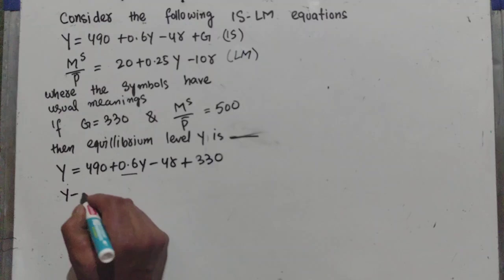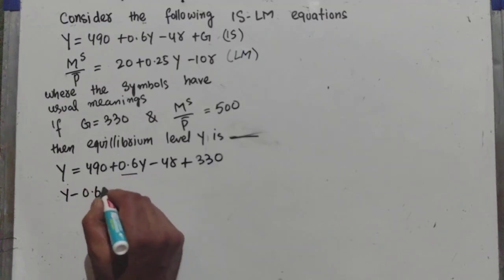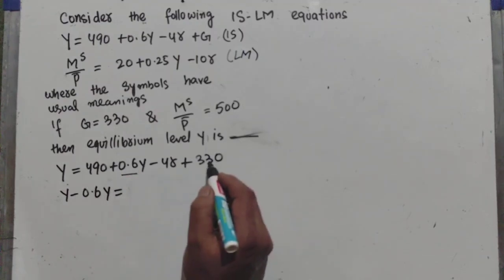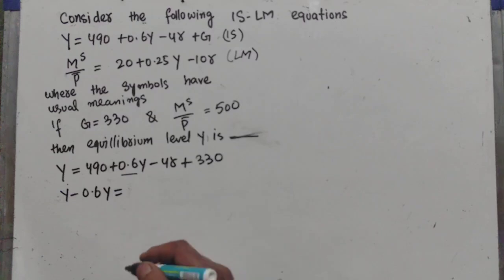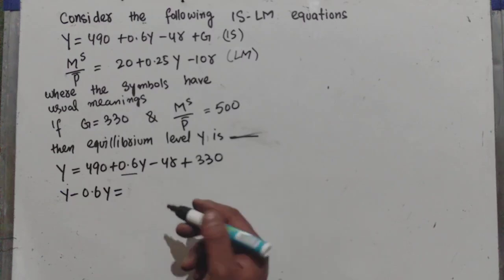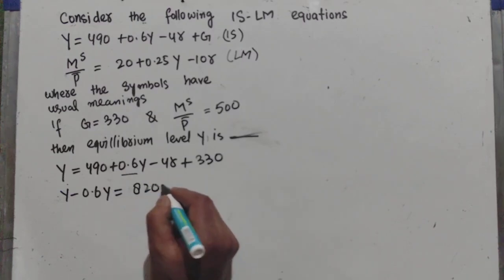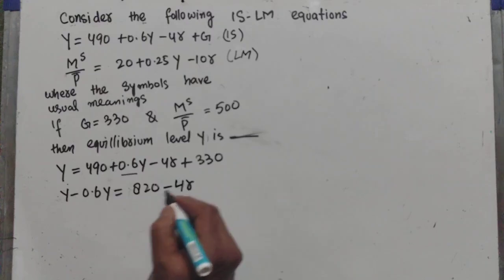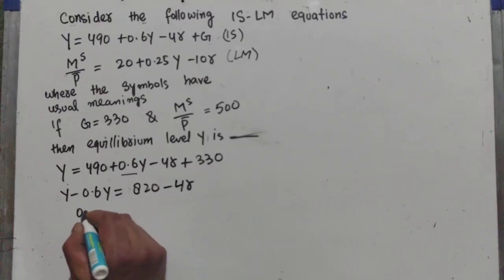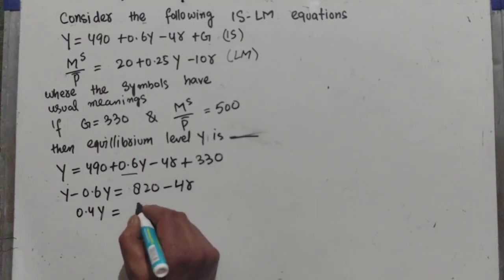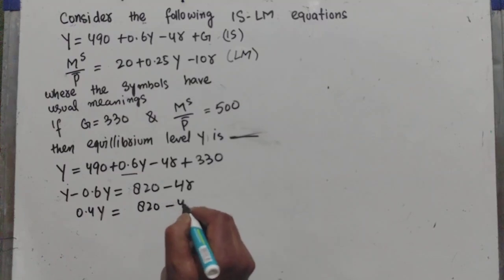So y, transposed here, gets subtracted. We get here 490 plus 330, I have done the calculation, it comes out to be 820 minus 4r. It becomes 0.4y is equal to 820 minus 4r.